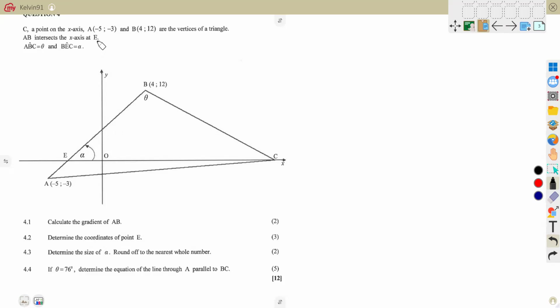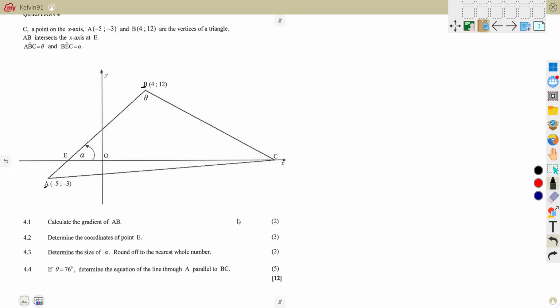AB intersects the x-axis at E. You are given angle ABC as theta and angle BAC as alpha. The first question is saying calculate the gradient of AB. We are given the coordinates of A and the coordinates of B. So you are required to calculate the gradient.